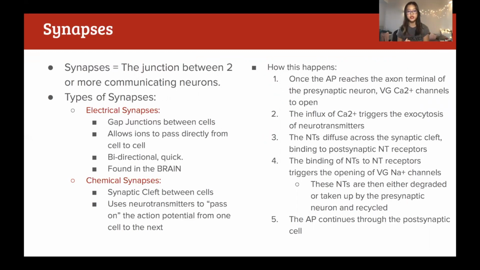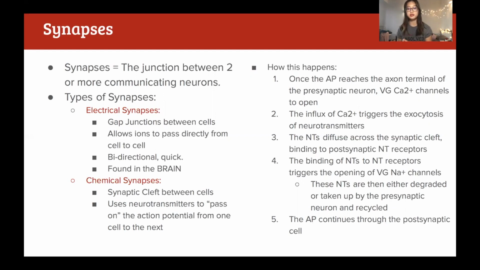Just reading through the process very quickly: once the action potential reaches the axon terminal of the presynaptic neuron, voltage-gated Ca2+ channels open. The influx of calcium ions caused by the opening of the voltage-gated Ca2+ channels will trigger the exocytosis of neurotransmitters.